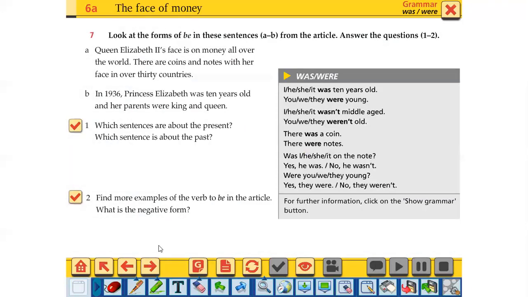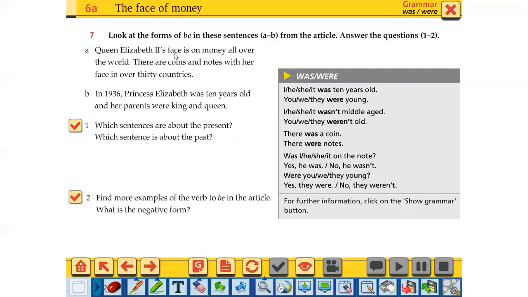Next, look at the forms of be in this sentence. A, B. A ver, vamos a ver la forma del verbo be. Queen Elizabeth II's face is on money all over the world.